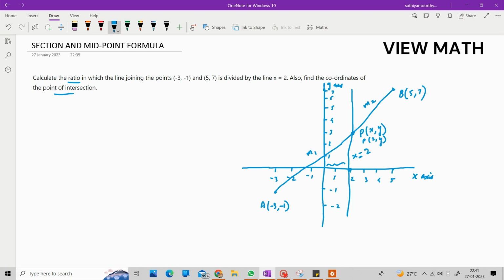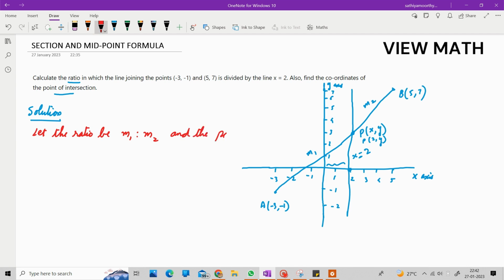Now let me do the problem. Now we need to find the ratio. Let the ratio be m1 is to m2. At the point of intersection, the x coordinate alone I know, the y coordinate I need to find out.